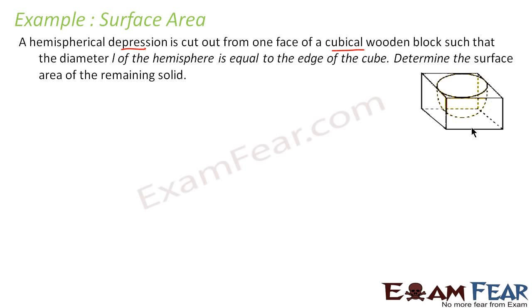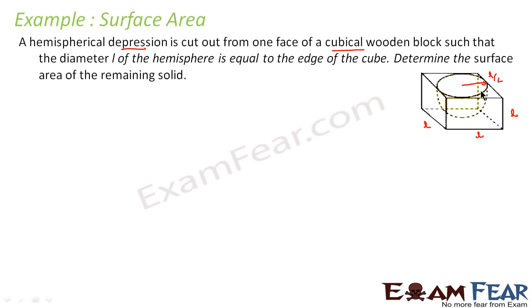Here is a cube. It doesn't look like a cube, but actually it is a cube. So the side of the cube is L. This is L, and this is also L. Now from this, a hemispherical depression is cut, and this radius is L by 2.